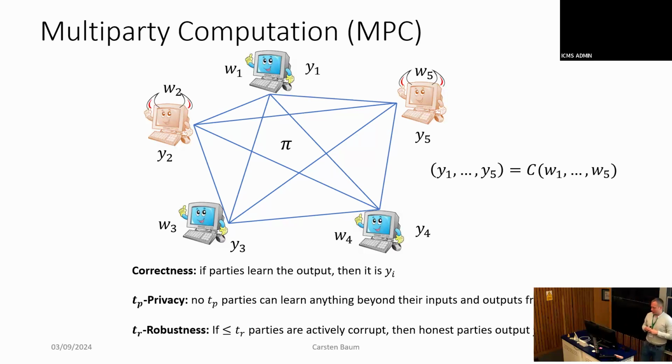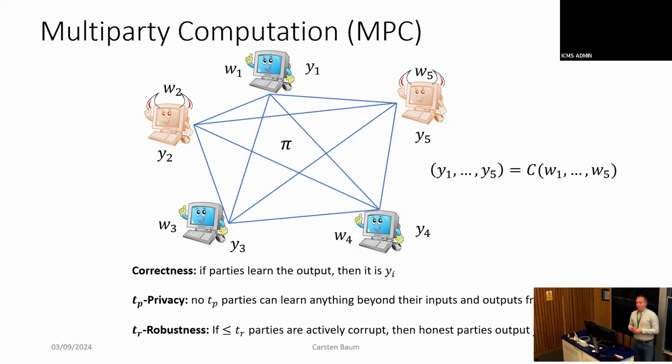which is somewhat related. I want to combine them all in different ways, but another guarantee that you might want to have is that if you corrupt some parties, you cannot break this correctness guarantee, right? So if I corrupt 2 parties, I cannot make the honest parties get an incorrect output. This is what I would introduce here as robustness, right?